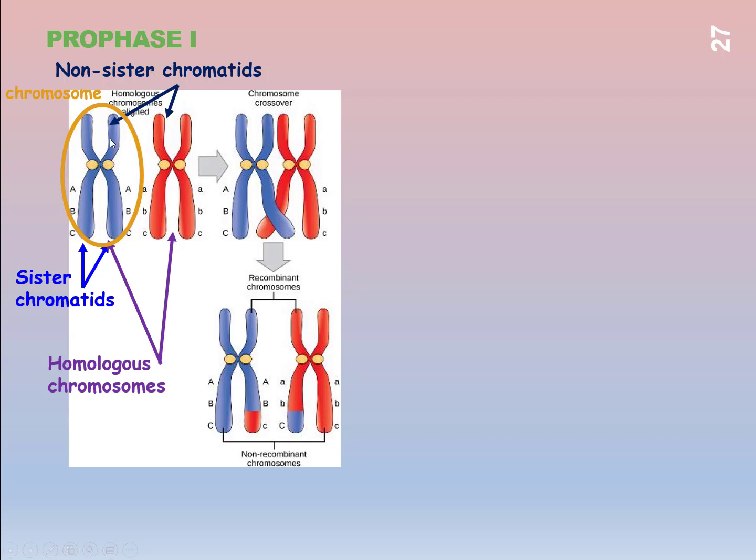Coding for the same things, but slightly different. Here, if we're looking at eye color, blue eyes and blue eyes. Here, green eyes and green eyes. But the non-sister chromatids, blue eyes and green eyes. So coding for the same thing in the same exact position, but slightly different.